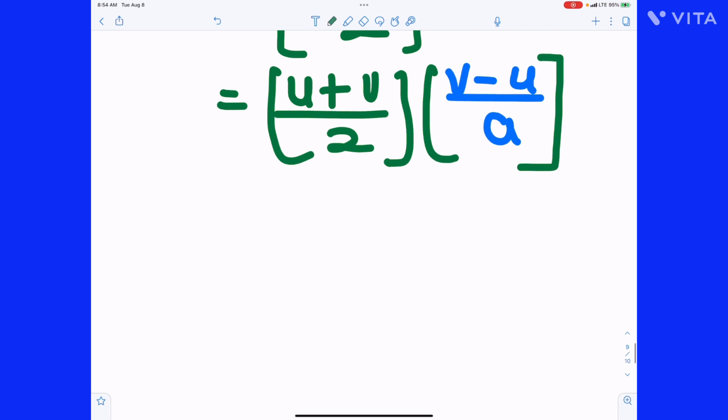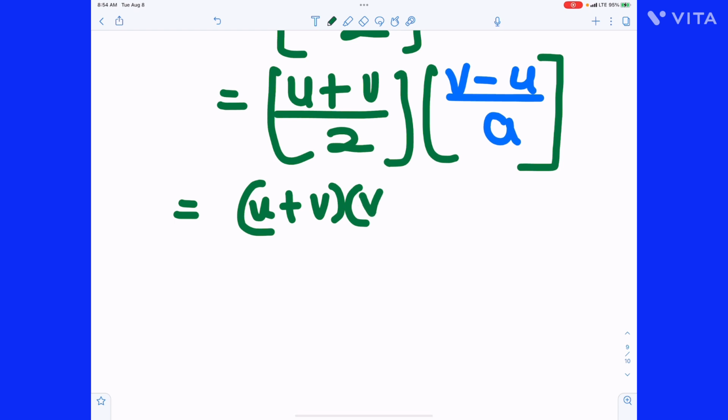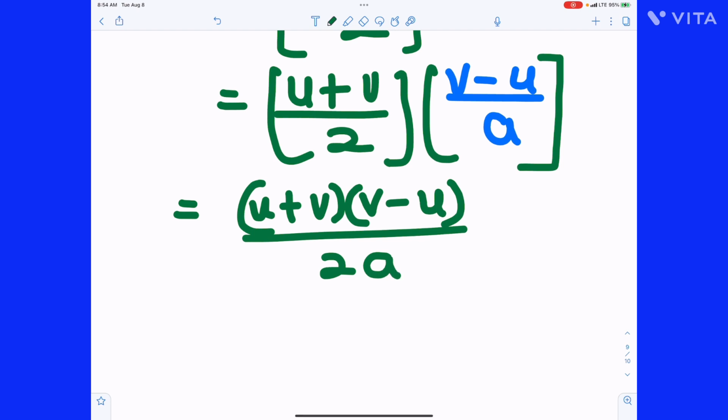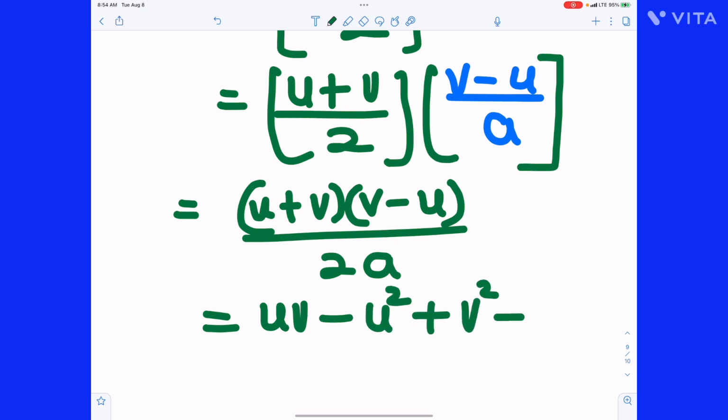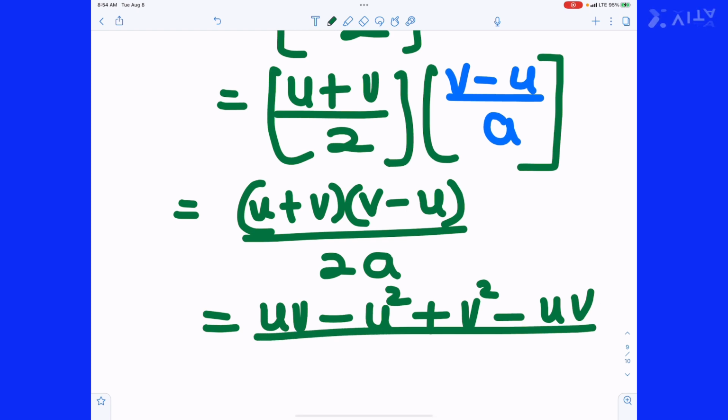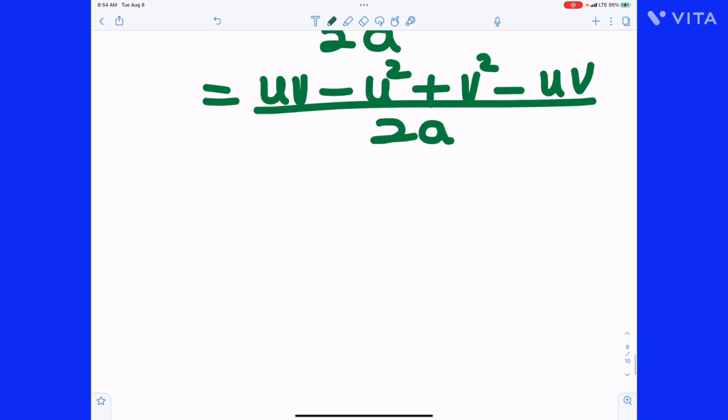So let's now expand and simplify. Multiplying the numerator, I get u plus v times v minus u over 2a. This is going to give me uv, u times minus u, minus u squared, v times v, v squared, v times minus u, minus uv, all over 2a.